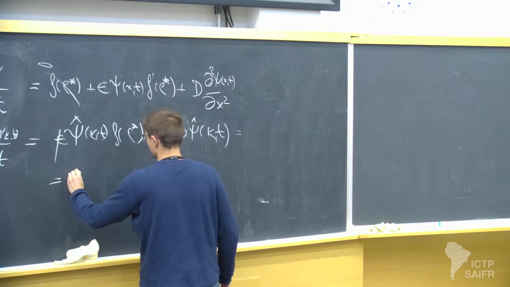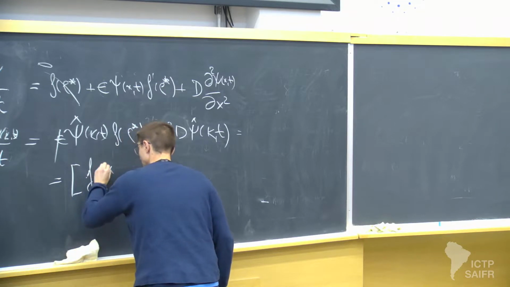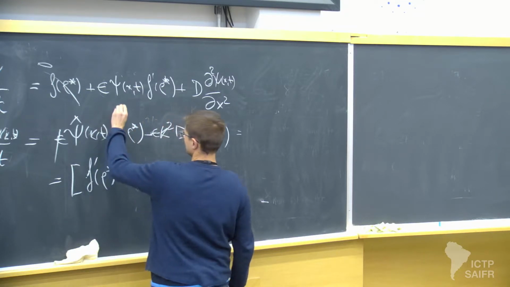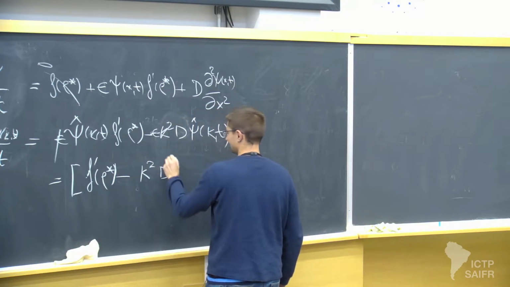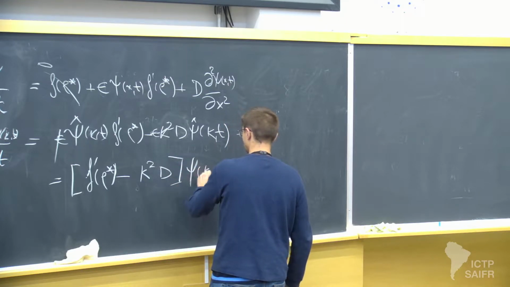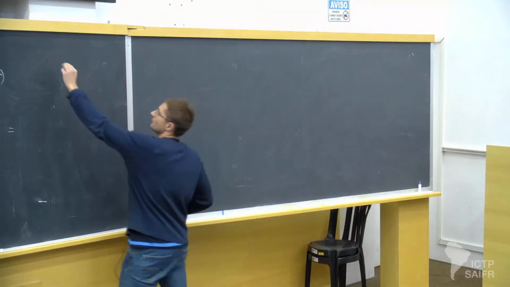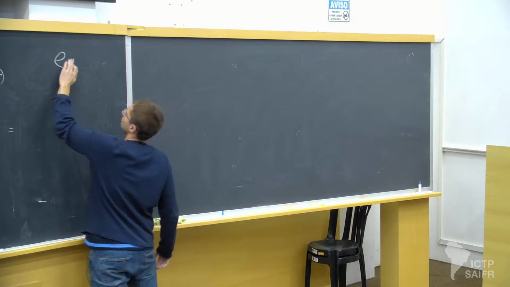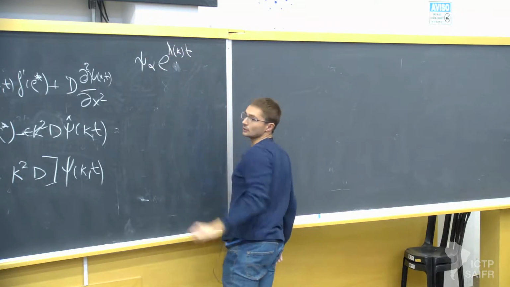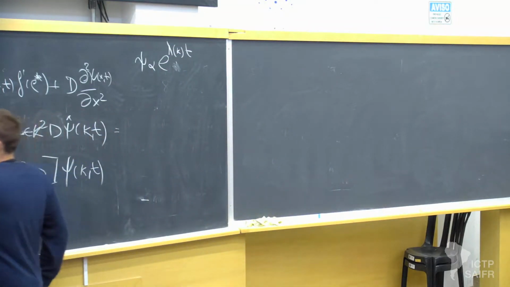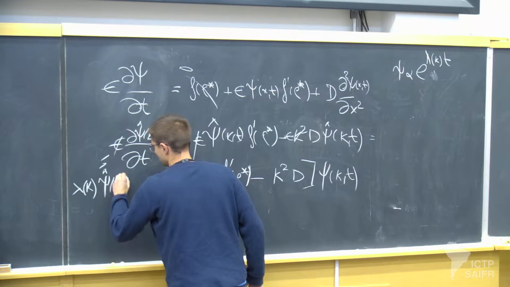So basically what I have is, right? And if I assume that my perturbation in time is proportional to some exponential, then this derivative is basically the growth rate times the Fourier transform.